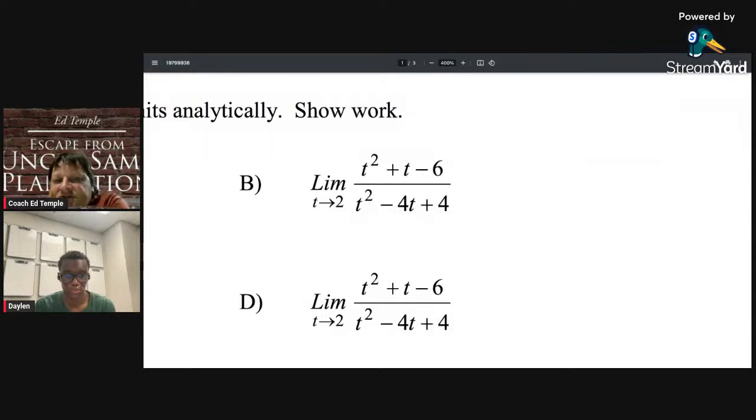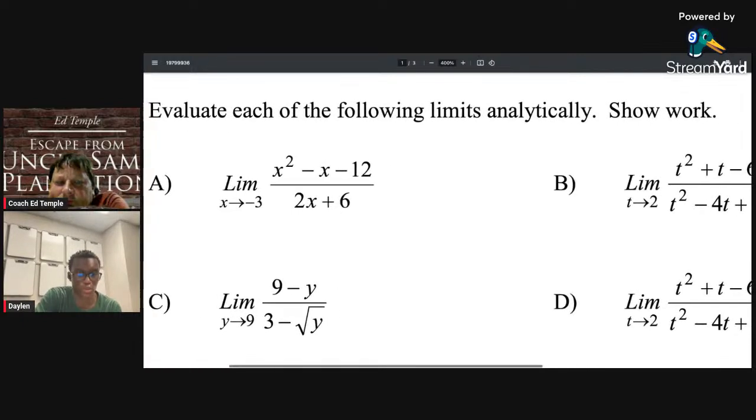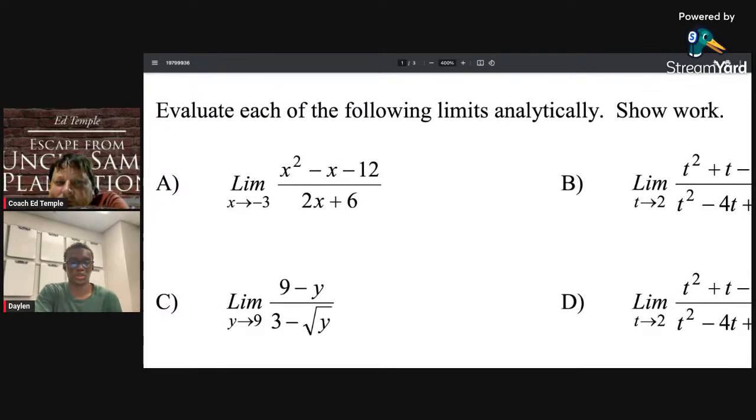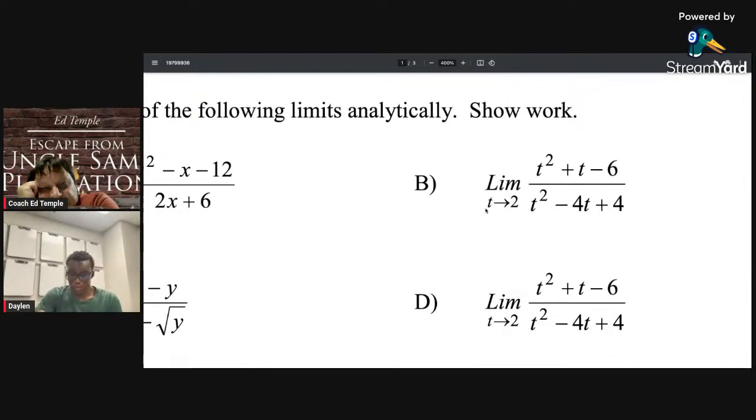Okay, evaluate each of the following limits. So the answer for letters B, D and E is: does not exist. Now, like I said, if they redefined it and said 2 from the right, then you would say positive infinity, and 2 from the left, you'd say negative infinity.